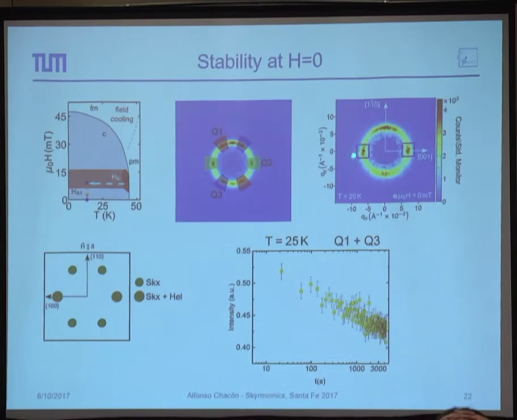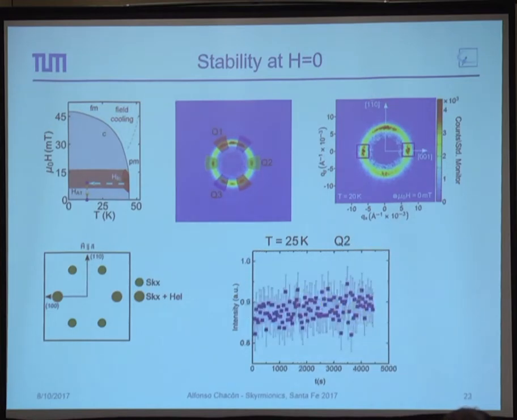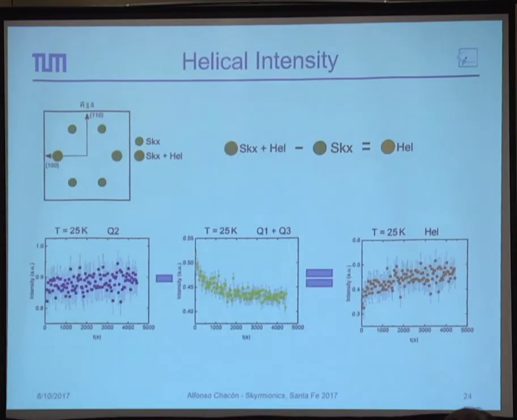If we then look at the position where we have the overlapping of helical and Skyrmion lattice, we can separate those signals. Well, that's the signal both being separated, so that's the sum of both. And by norming data to the point of 9 millitesla, where all these 6 propagations show the same amount of intensity, so they should show the same behavior after reducing the field, we can extract the helical intensity.